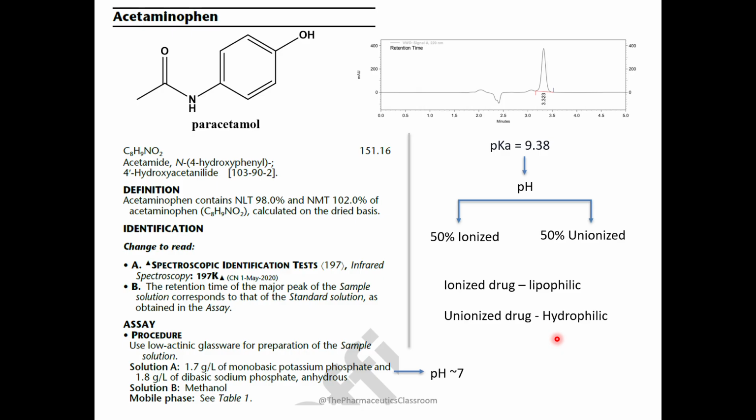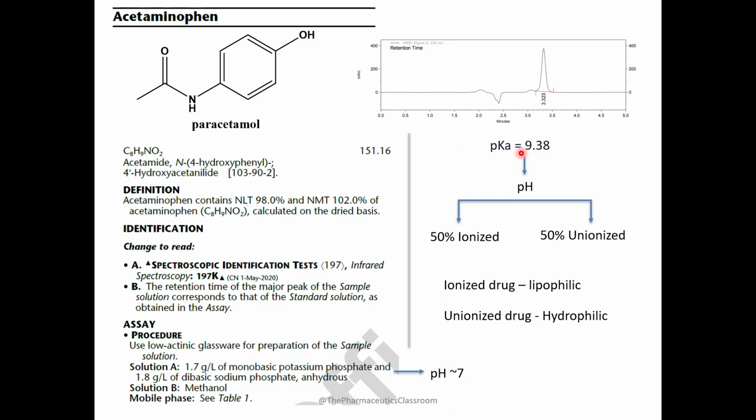So what do I want? I want my drug to be either in ionized form or in unionized form. Because of this reason, you can see this is the USP monograph of paracetamol. They have used this composition, and the pH of this buffer is around 7.